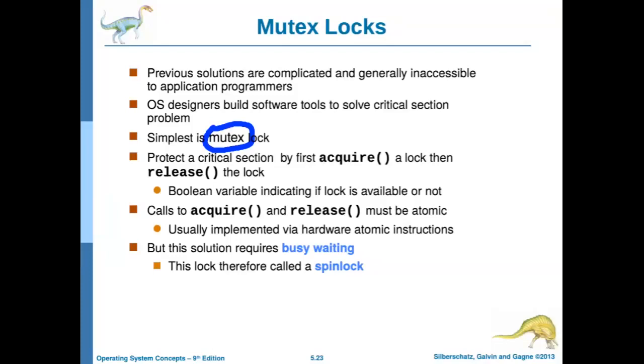So the lock will be some sort of boolean value which will indicate whether the resource safeguarded by that lock is available. That is just a true and false value, as we already saw for test and set and compare and swap. In addition to that, these acquire and release operations must be atomic.